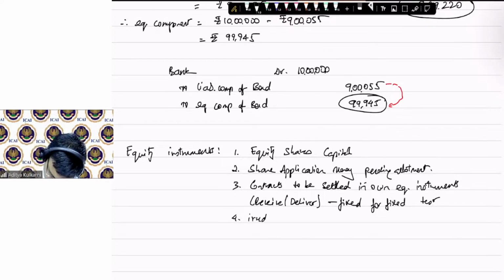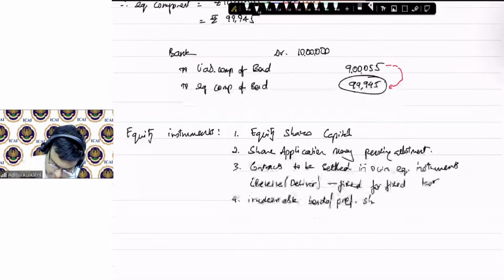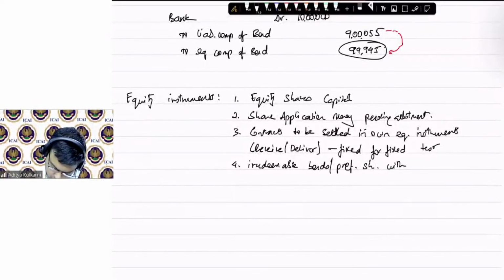Another example, irredeemable bonds or preference shares with discretionary interest or dividends.